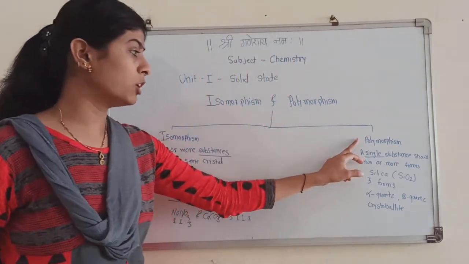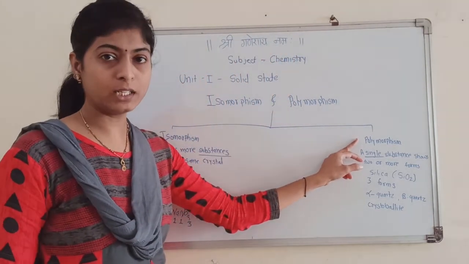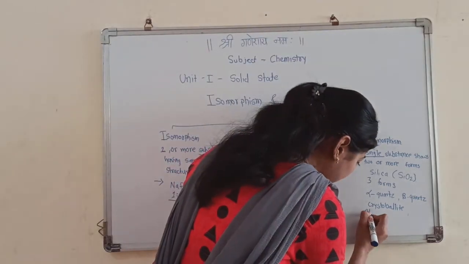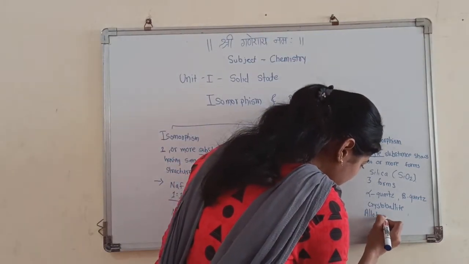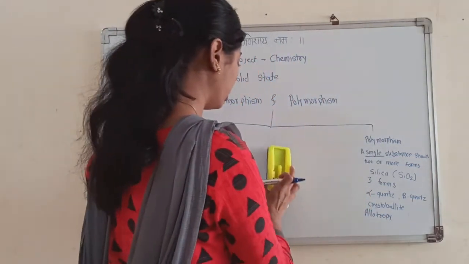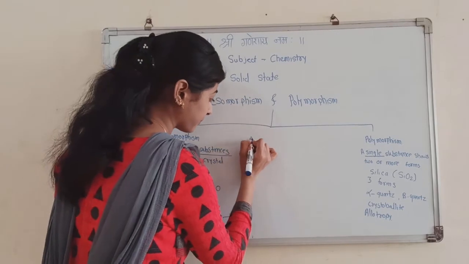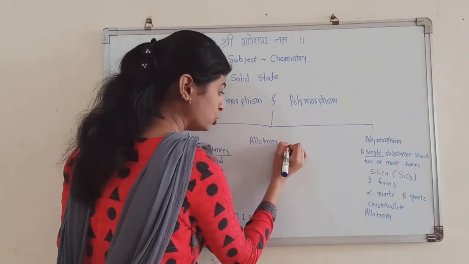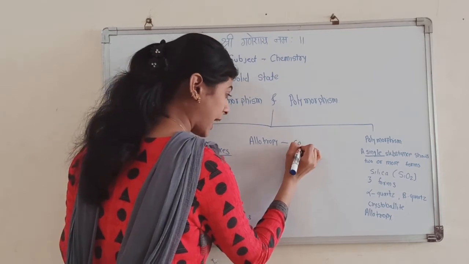When the polymorphism phenomenon occurs in elements, it is called allotropy, and the forms are called allotropes. The example of allotropy is shown by the element carbon.